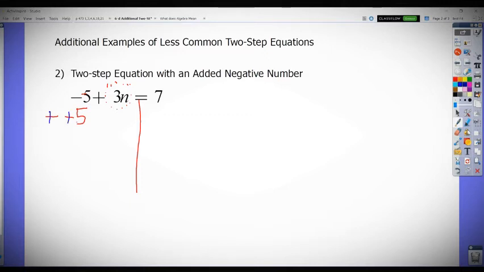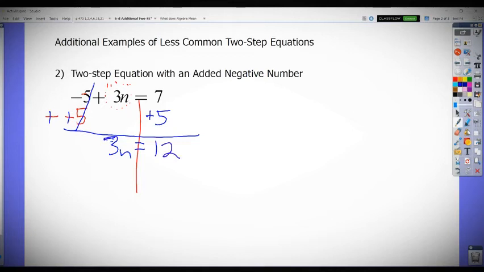Subtracting a negative, taking away a negative, same as adding. So on this side of the equation, I could just say plus 5. Over here, this goes to 0, leaving me with 3n, and 3n is equal to 7 plus 5, which is 12.